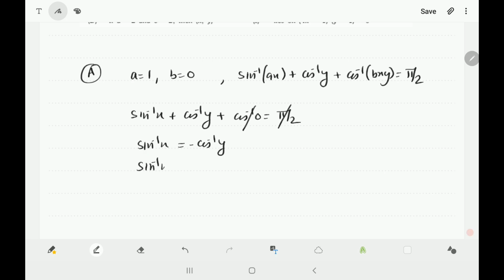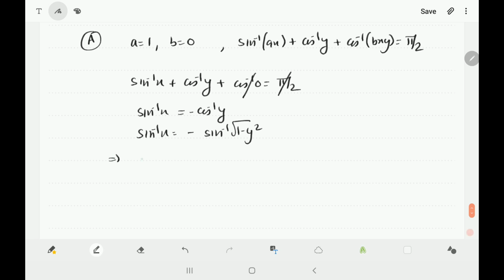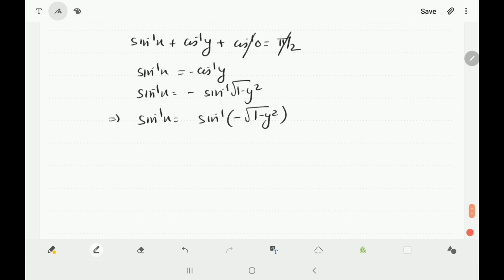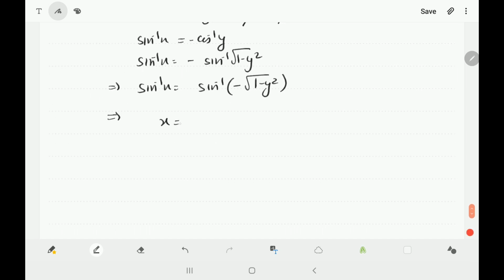So we can write sin inverse of x is equal to minus of cos inverse y, which can be written as sin inverse of minus under root of 1 minus y square. So we can cancel sin inverse from both sides. So x is equal to minus under root of 1 minus y square.